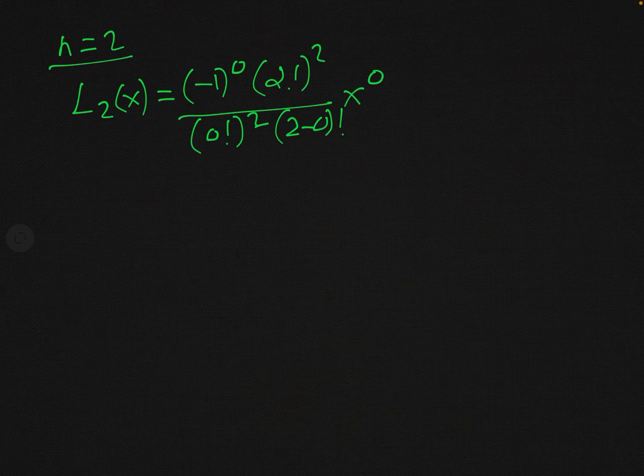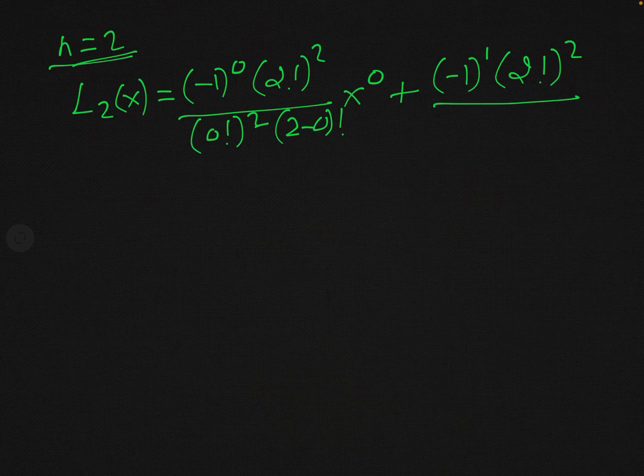K is here 0. Now we will put the second limit. For the second limit, k will be equal to 1. The highest limit will be 2 for k, and the second limit is 1. So we will take k equal to 1 now. So this will be minus 1 to the power 1, 2 factorial square.